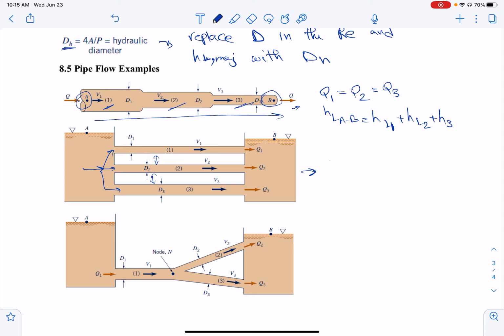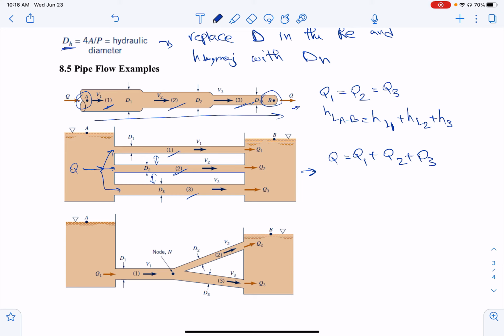So if we consider this one as Q, then this Q is equal to Q1 plus Q2 plus Q3.